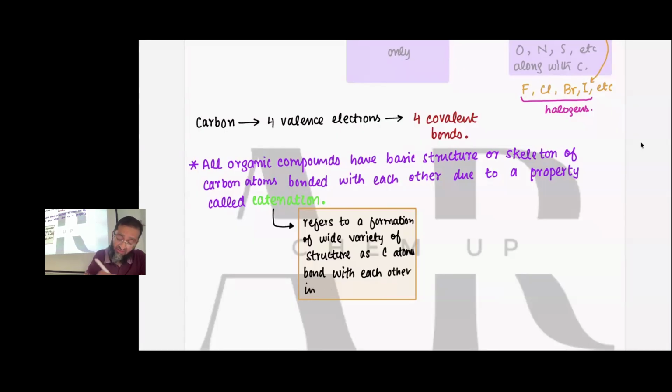And those multiple ways include long chain structures, straight chain structures, branch chain structures, cyclic rings, having double bonds, single bonds, triple bonds.